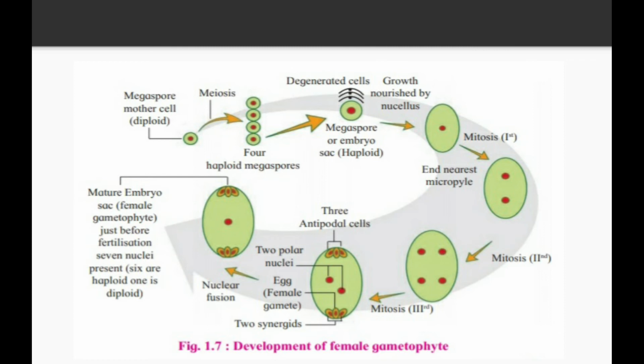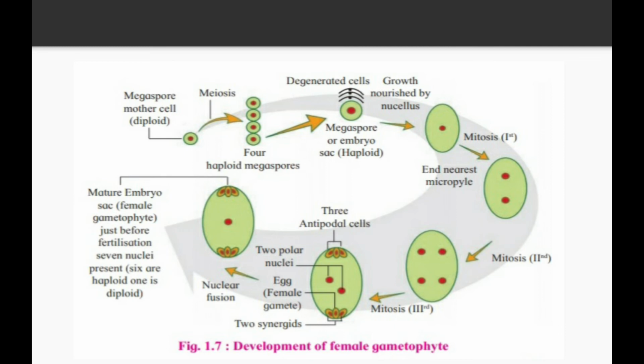Out of these 4, one from the chalazal end and one from the micropylar end fuse with each other at the central position. So how many nuclei are there? 3 nuclei are present at the chalazal end and 3 nuclei are present at the micropylar end. The remaining 2 fuse with each other to form the secondary nucleus.